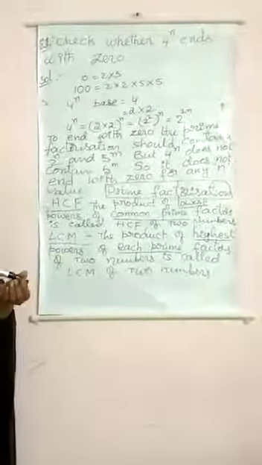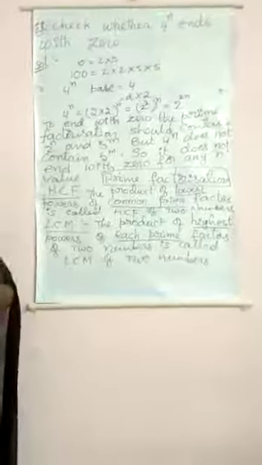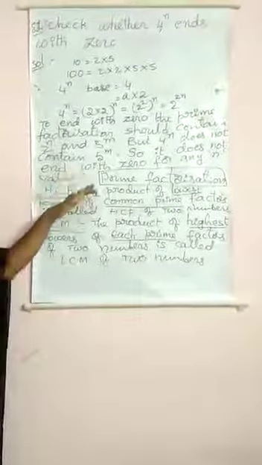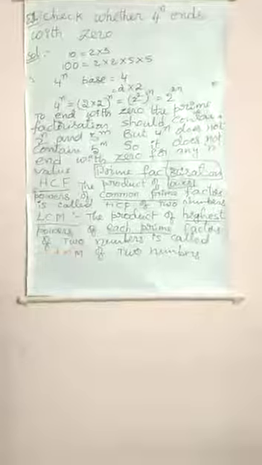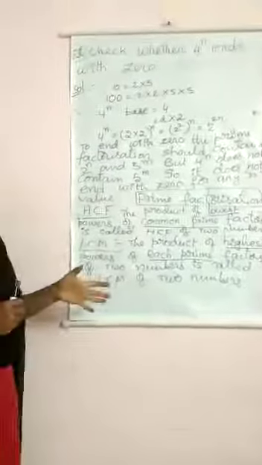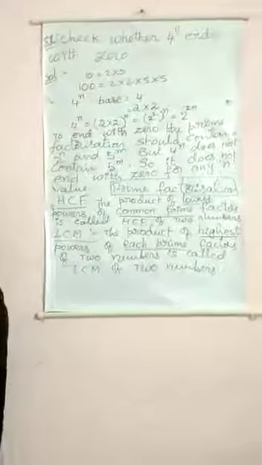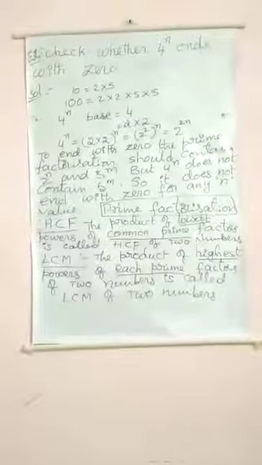So you know about HCF and LCM, and there is an example: how can you find HCF and LCM of two numbers by using prime factorization? Take this as notes, CW.